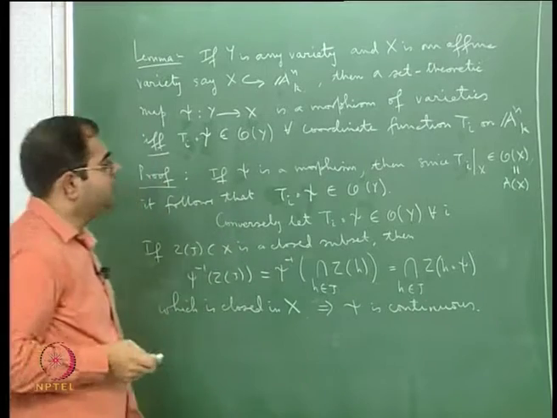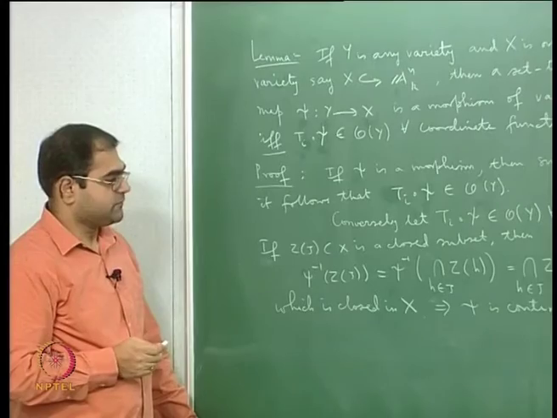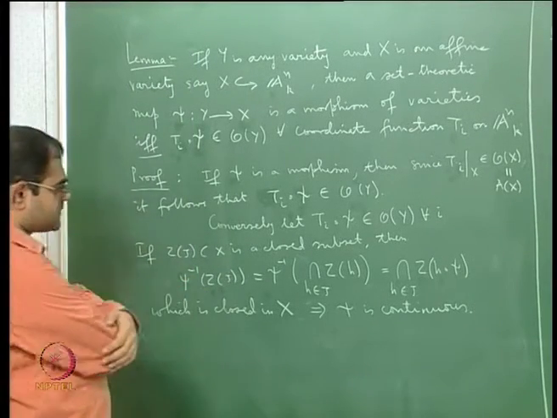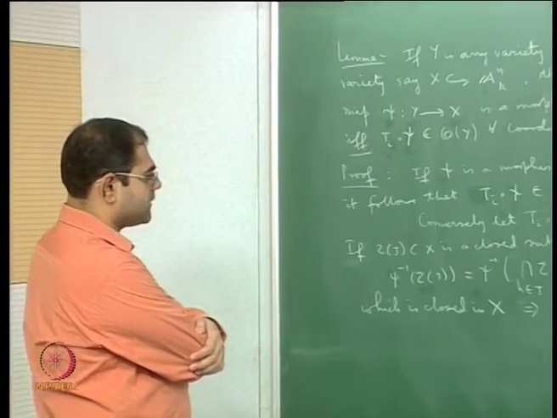Now the only other property that I have to check in order to ensure that psi is a morphism is that it pulls back regular functions to regular functions. Now there's a small hitch here in my argument.